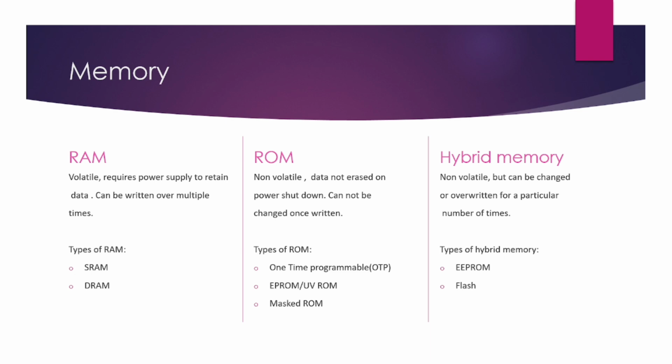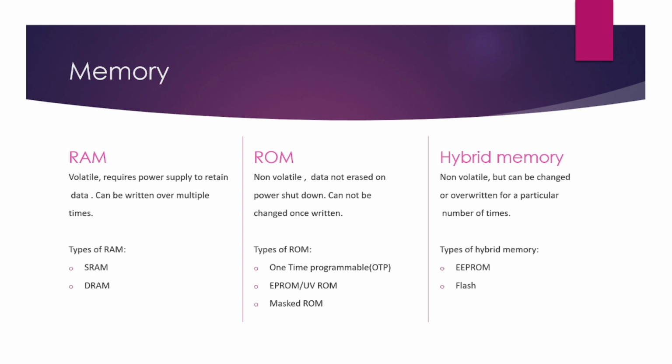We also went through the topic of memory. There are three types of memory: RAM, ROM, and hybrid memory. RAM is volatile, requires power supply to retain data, and can be written over multiple times. There are two types of RAM: static RAM and dynamic RAM.